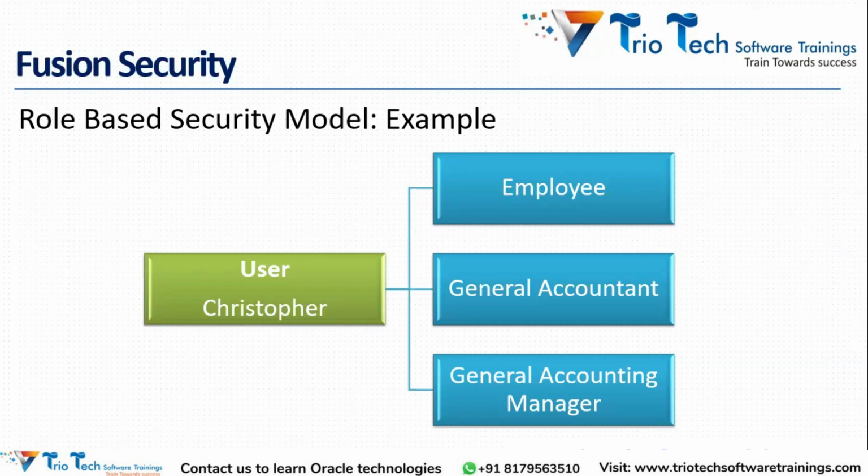First of all, Christopher is an employee of the organization, therefore he has to carry out certain employee-related activities. He has to book his leaves if he is taking a leave. Similarly, when payrolls are processed, he needs to check the salary details.